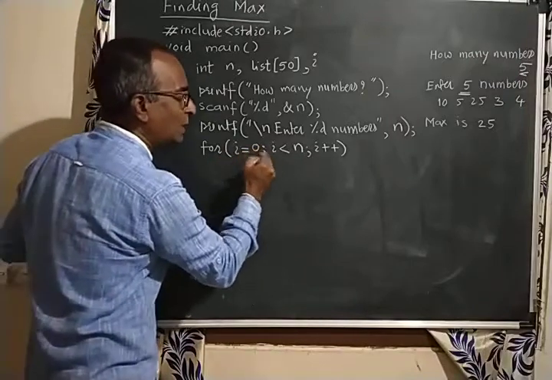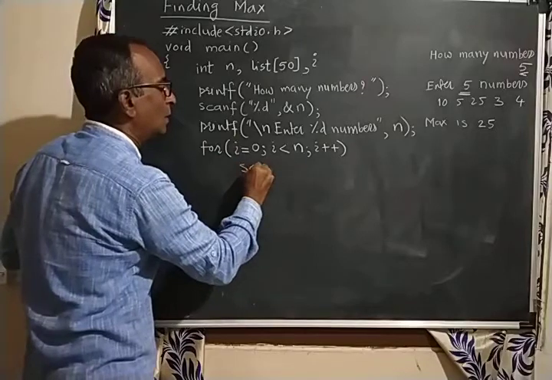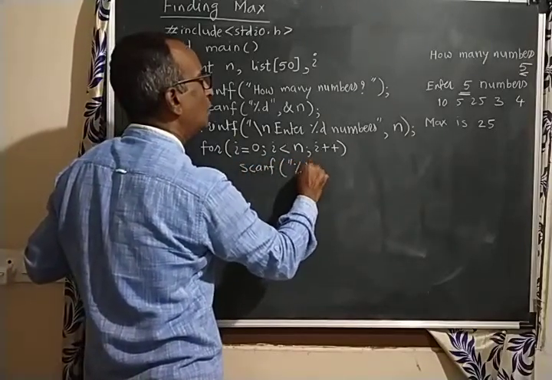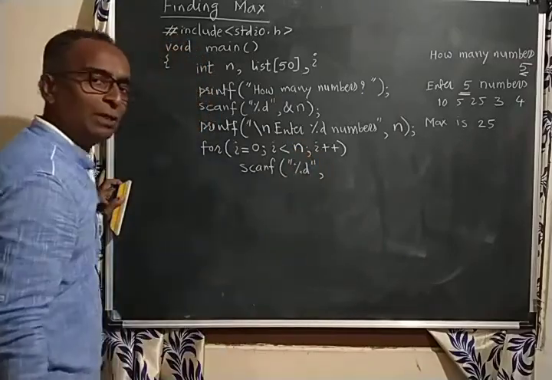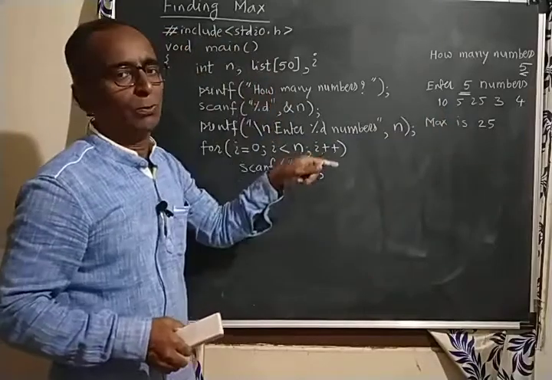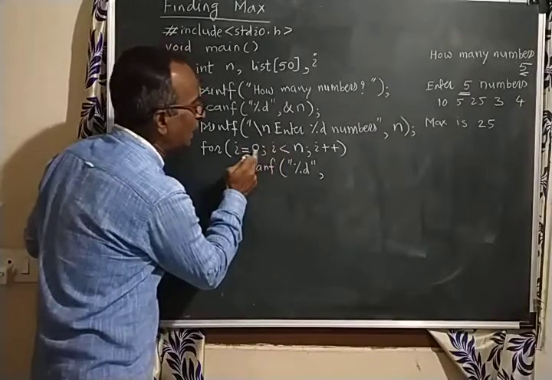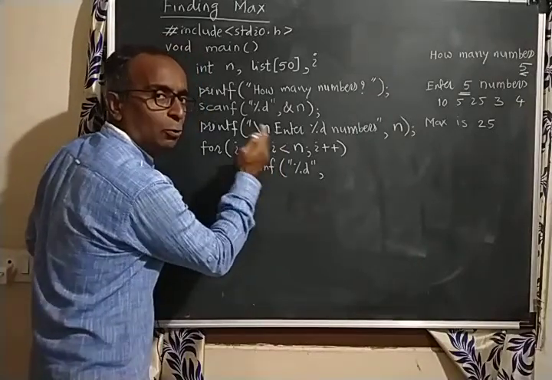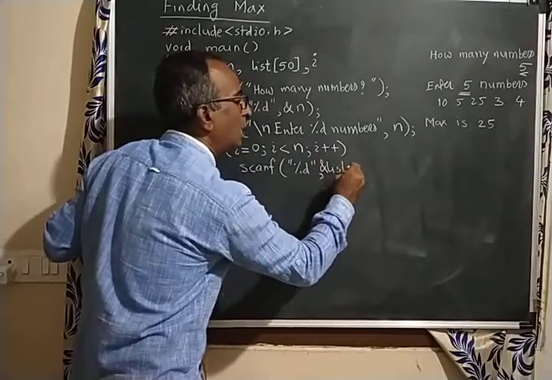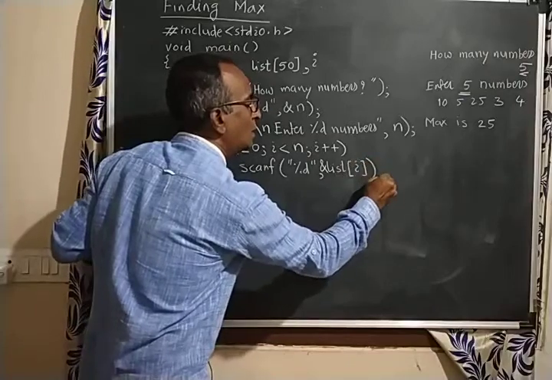Inside, you are reading with scanf an integer value. Where are you storing it? The first number 10 should be stored in list of 0, the second number in list of 1. So this is iterated by 0, then 1, 2. So if you write ampersand list of i, that's it.